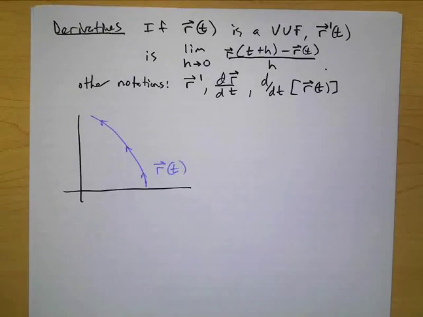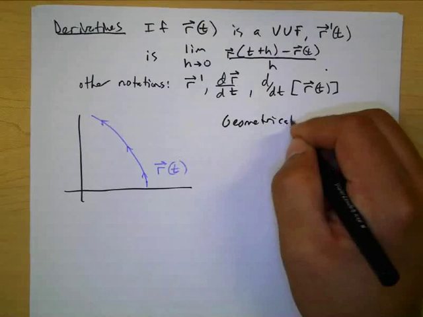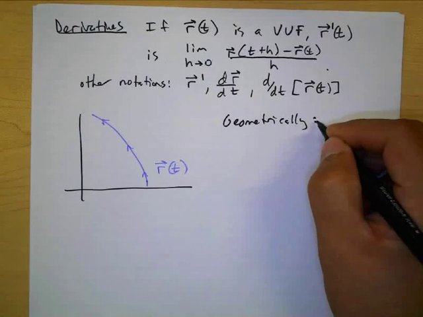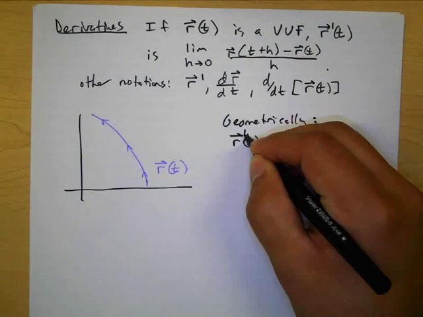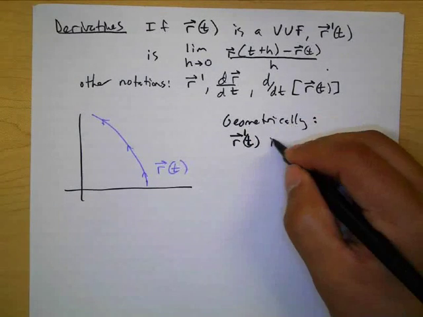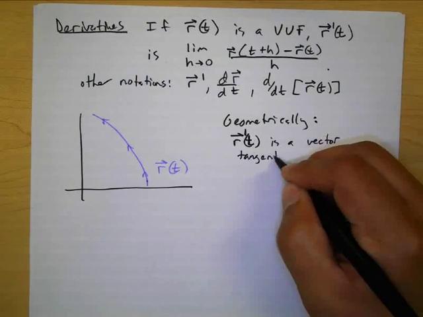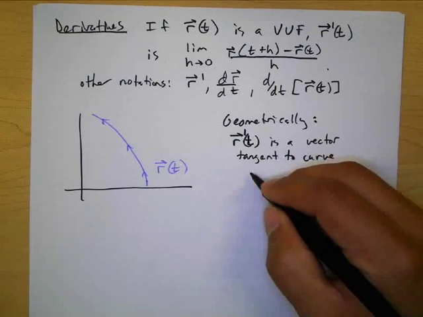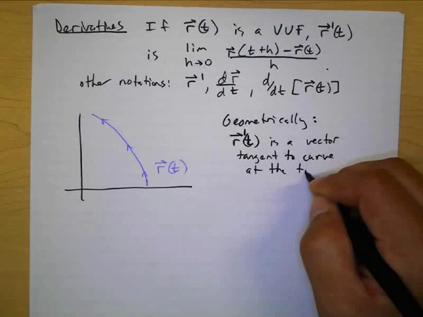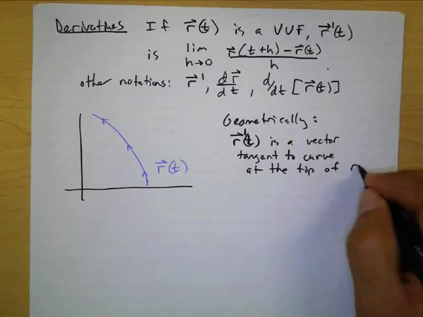Now, geometrically, here's what's going on. r prime of t is a vector tangent to the curve at the tip of r of t.